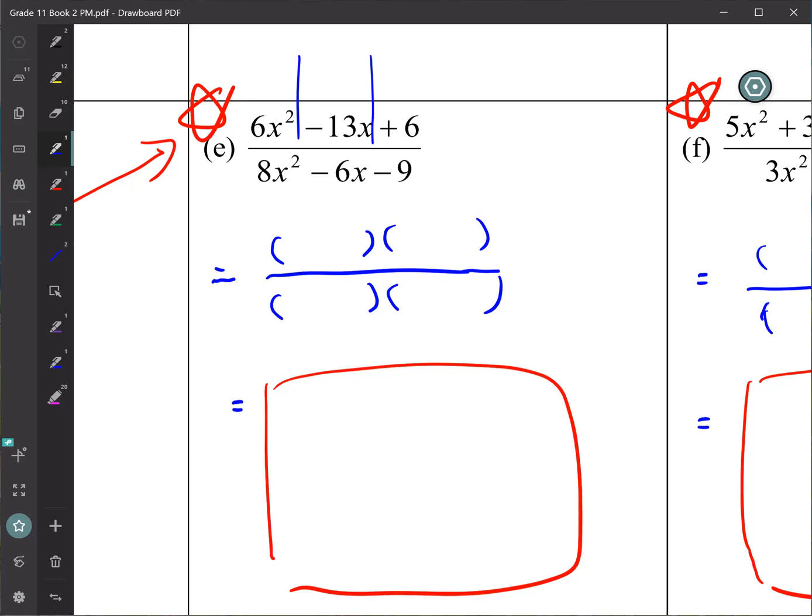Do you understand what I mean? Yes. Okay, so what did you get in the brackets? What's in the first bracket? Have you factored it yet? Not really. Do you know how to do that?